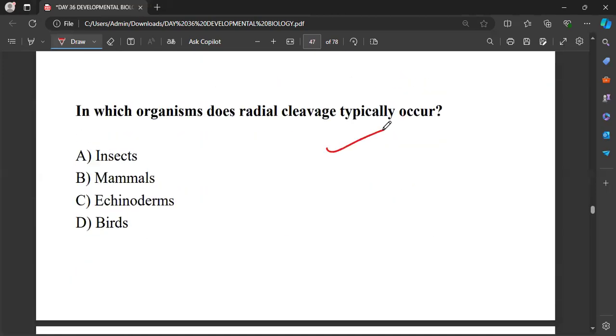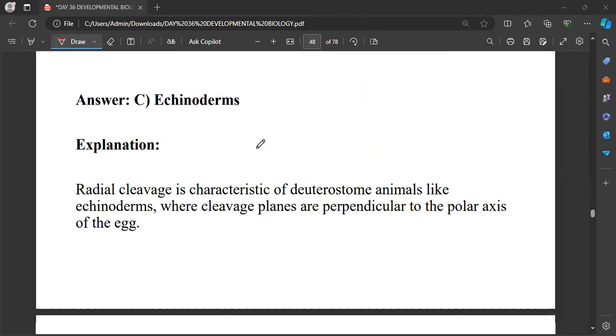In which organism does radial cleavage typically occur? That will be echinoderm.